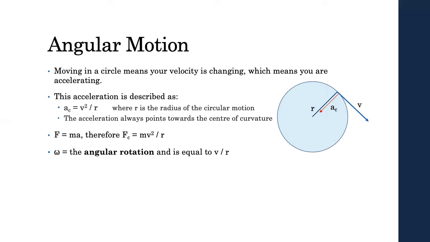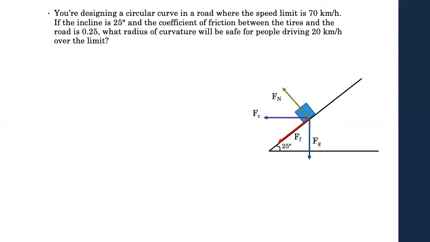Angular rotation being the angle, the number of degrees that change per unit time. So you would have theta over t. And when you have that angle in radians, you multiply that by the radius to get what portion of the circumference has been traversed. Somebody mentioned specifically banking questions they have troubles with.